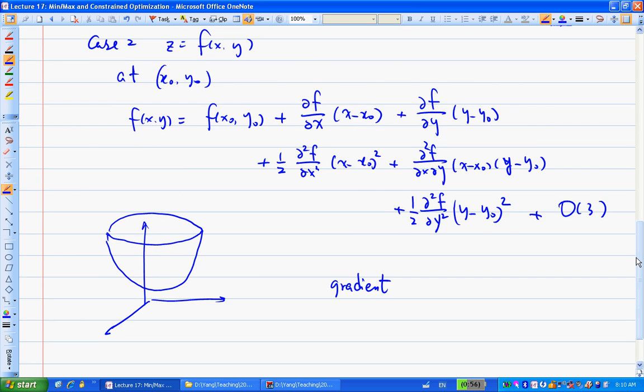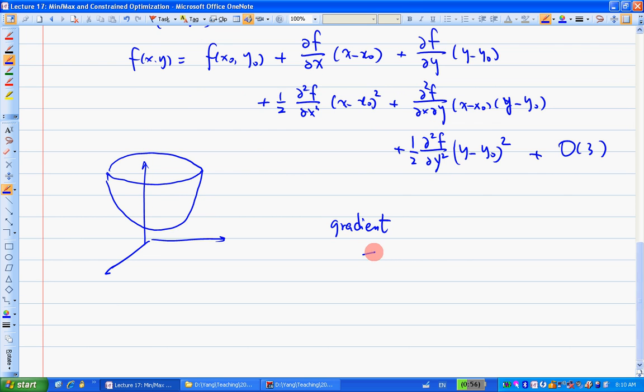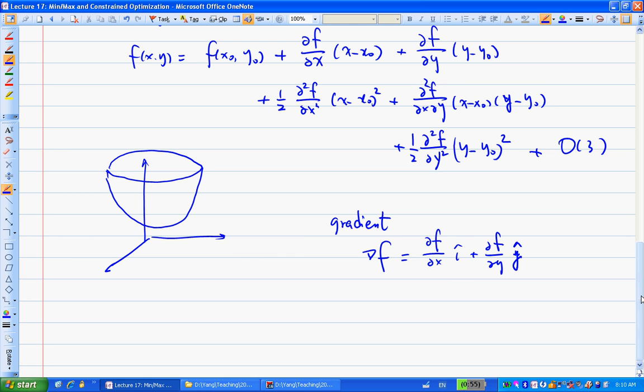Gradient is, if you have a function f here, then the gradient of this function f is this. The geometrical meaning of gradient is, this is a vector, first of all. The gradient of the function f gives you a vector in the xy plane.